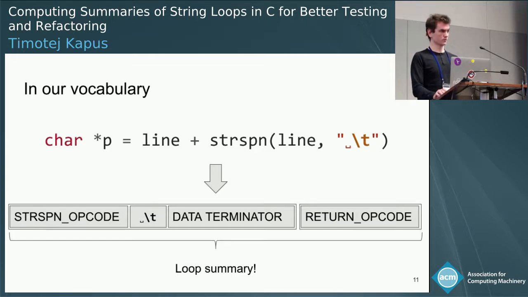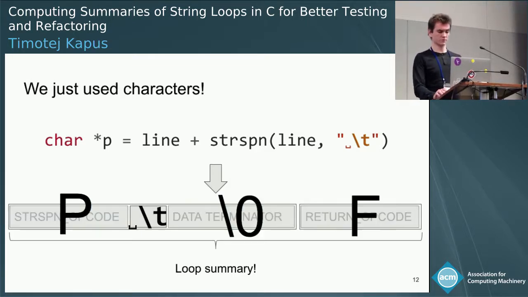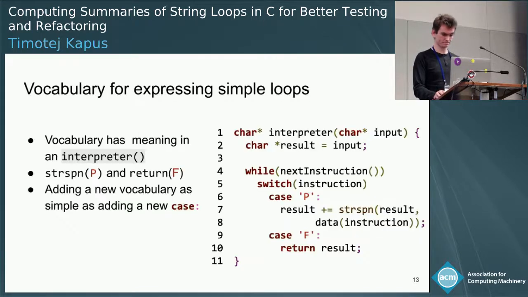This is what represents our loop summary. To simplify things, we just assign some pretty much random characters to these strings, so this sequence of 5 characters is what we would consider a loop summary.